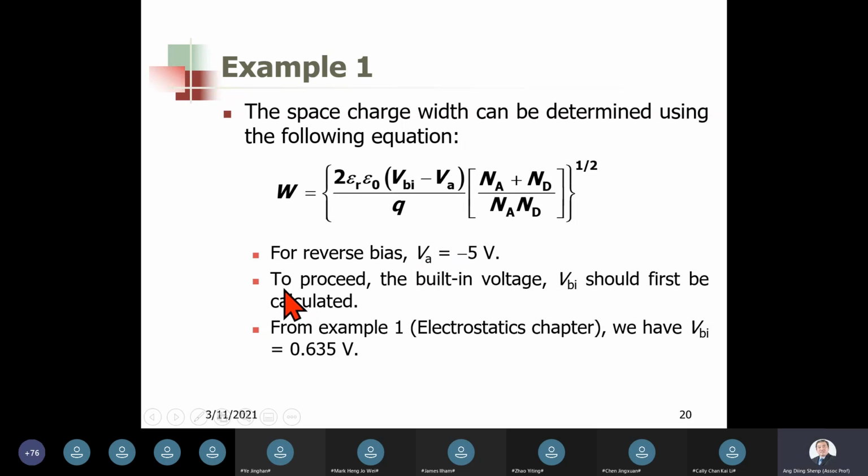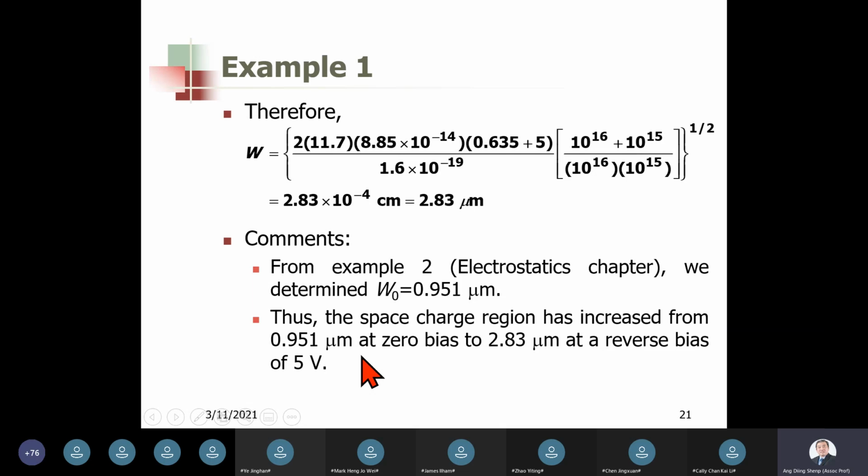In order to calculate W, we need to calculate the built-in potential, and we already did that previously in the earlier chapter. In example 1, we have already calculated VBI to be 0.635. You can counter check on this. And by just substituting in the numbers, you can determine W under reverse bias voltage of 5 volts.